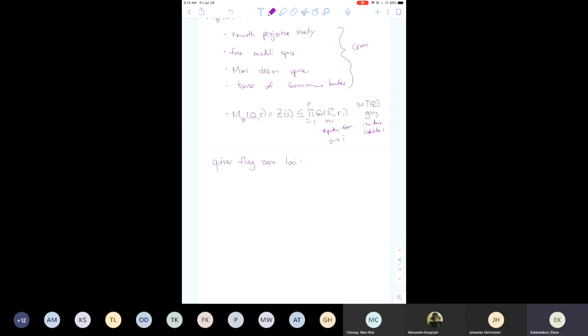And these turn out to look like, if you take the vector bundles which are given by the restrictions of the tautological quotient bundles on this product, or you could think of these as the universal bundles, coming from the fact that this is a fine moduli space, then the quiver flag zero loci are zero loci of sections of vector bundles that look like direct sums of tensor products of Schur powers of these tautological quotient bundles.